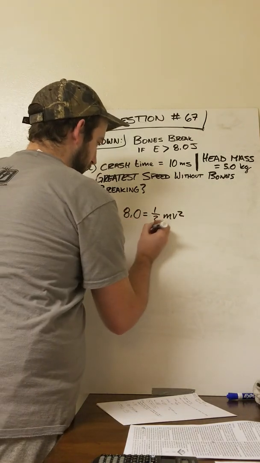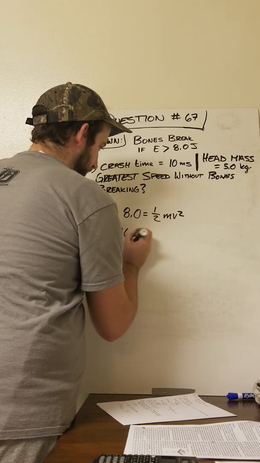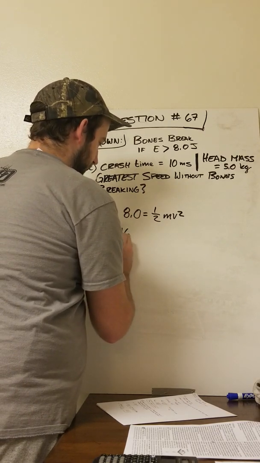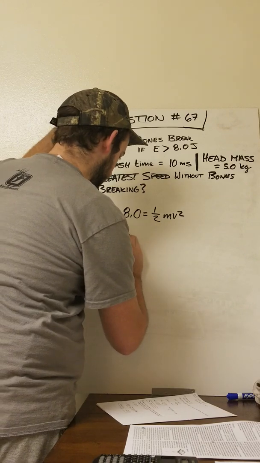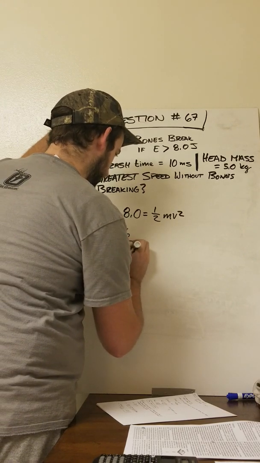So multiply that by 2, we get 16 over mass.